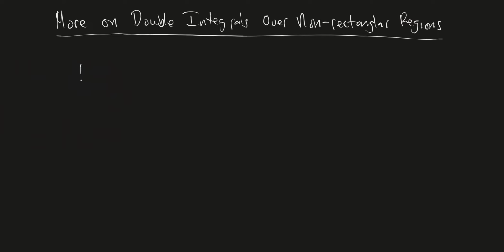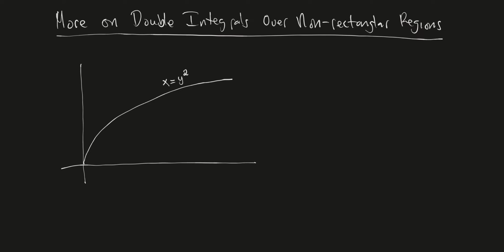So in this case, let's take our y equals the square root of x function, but instead of writing y equals the square root of x, I'm going to write it as x equals y squared. And then I'm going to take the y equals x cubed function, which we have an idea of what that function looks like.